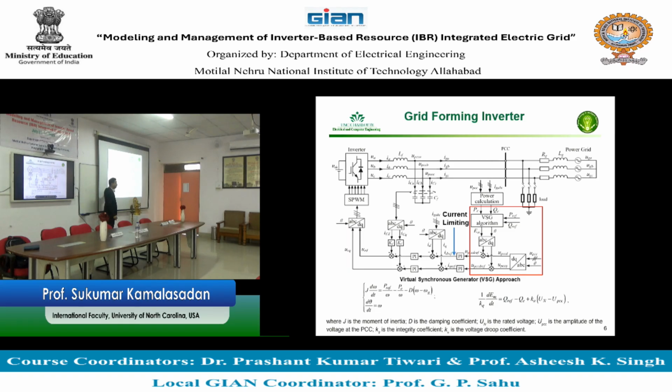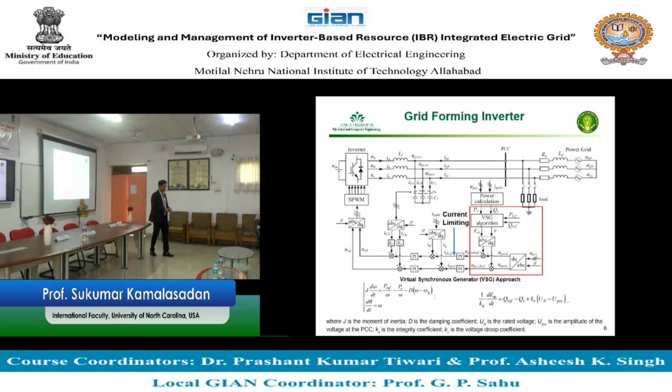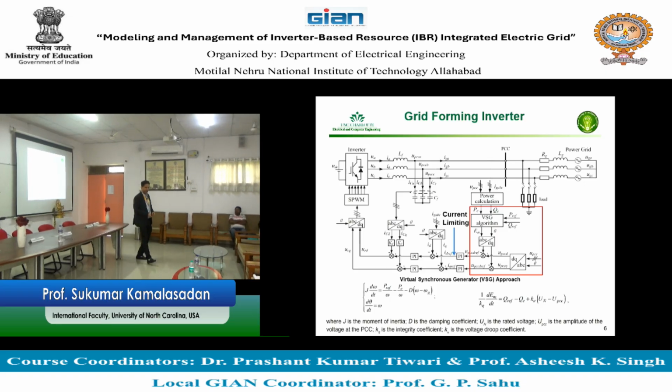Similarly, this J, instead of storing the energy, will change the derivative shape. What is that shape change? That shape change is happening for this power. The power output coming from the inverter or the generator will be going to the reference point, but it will be taking a different route.